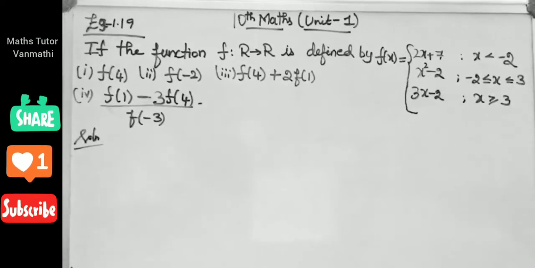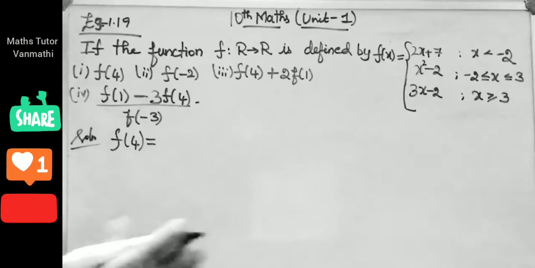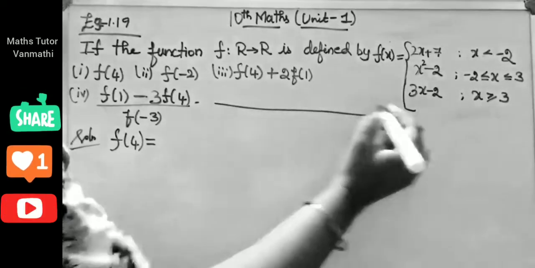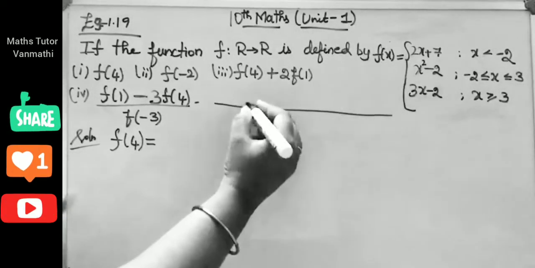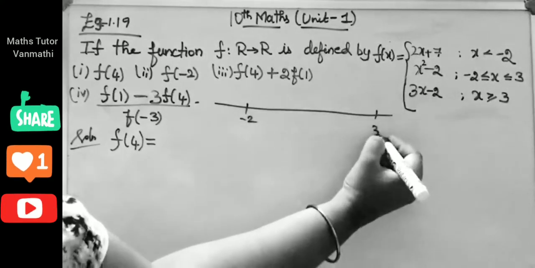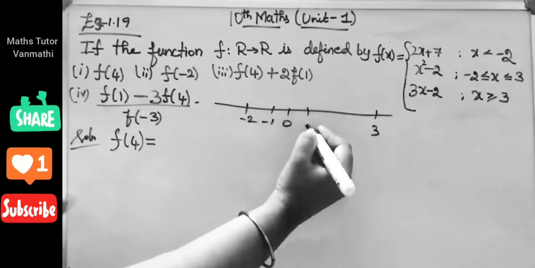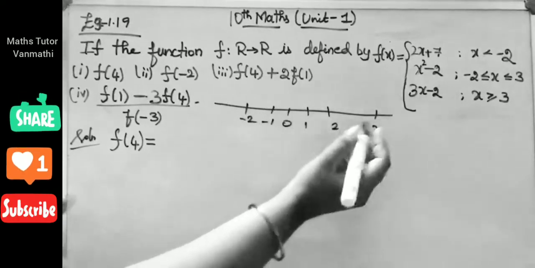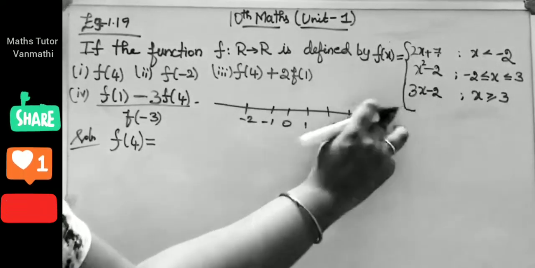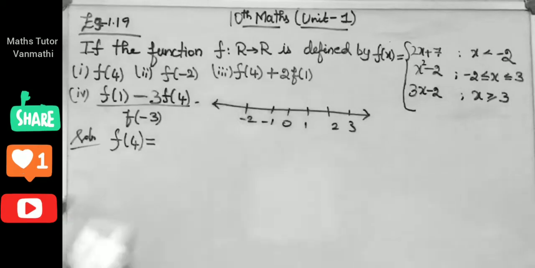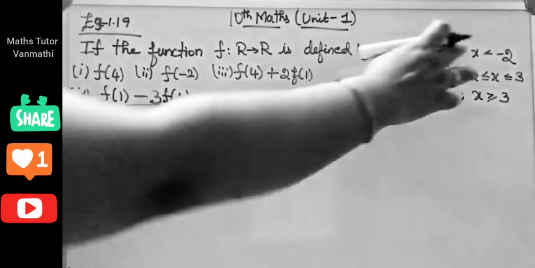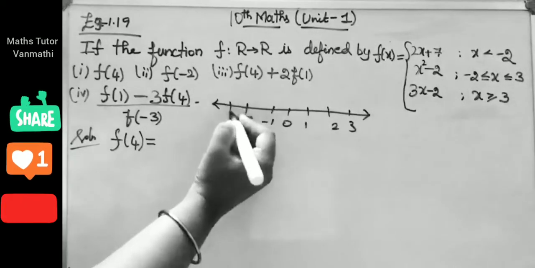First subdivision, f of 4. Take the interval. What are the values they have given? Minus 2 to plus 3. So minus 2, minus 1, 0, 1 and 2, and this is your 3. Here x is less than minus 2 means before this value.